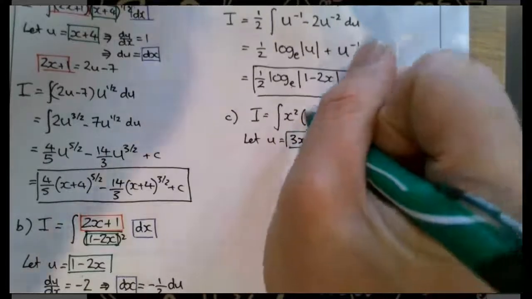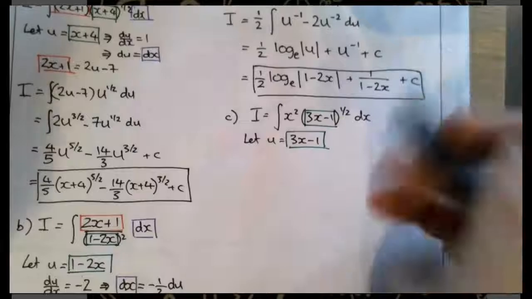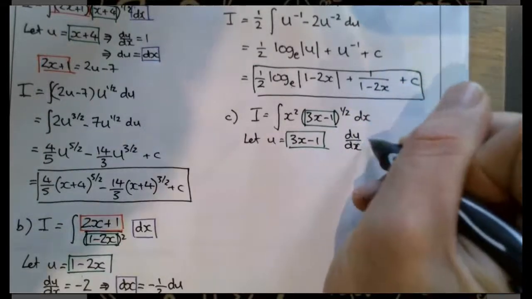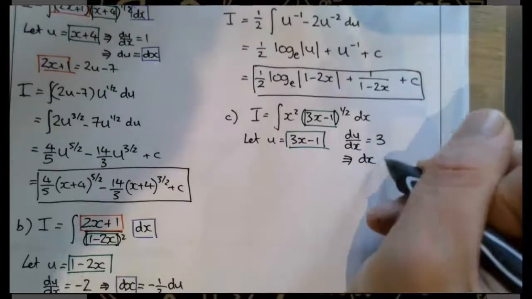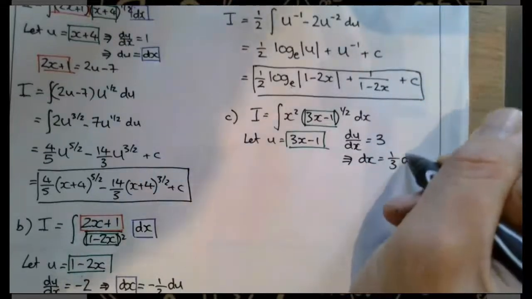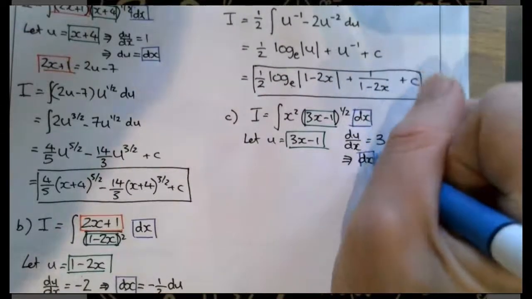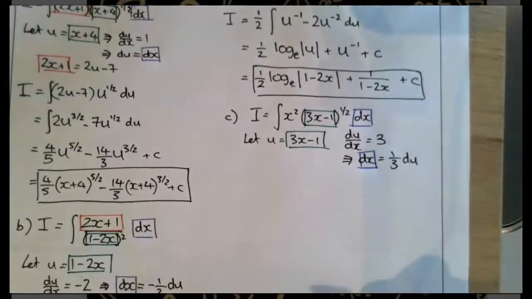I now know how to substitute the 3x minus 1. I've also got the dx. So du by dx is 3, which tells me that dx is a third du. That's the second bit. Dx I can now change to be in terms of u.